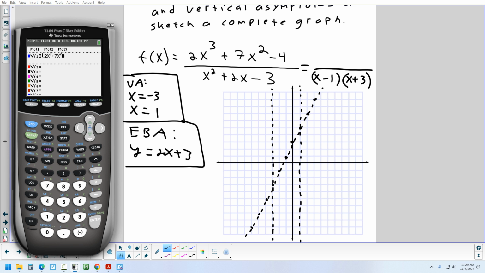So 7x squared minus 4, and divide that by x squared plus 2x minus 3. Okay, so let's do second table. I'm going to just get rid of the values I had in there from before. And let's start with our vertical asymptote at -3. What is a value close to -3 if you approach it from the negative side?